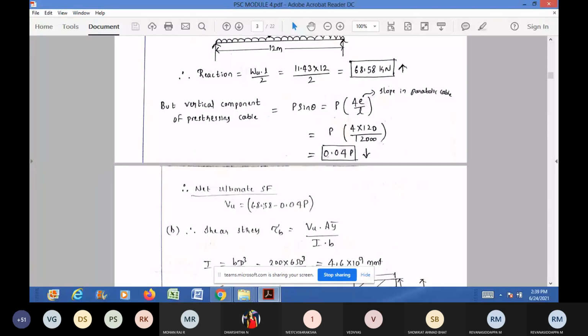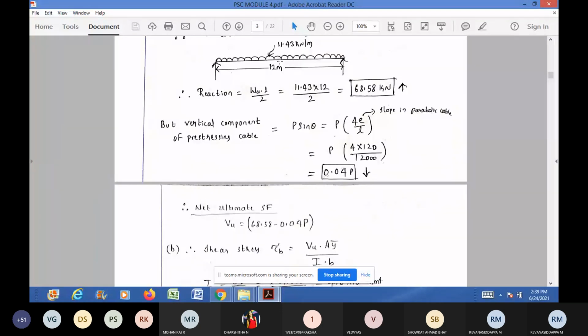The net ultimate shear force is the sum of the shear force due to the load and the shear force due to the pre-stressing force in the cable, with sign convention plus and minus.